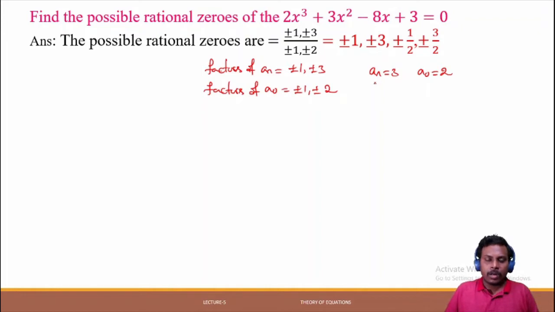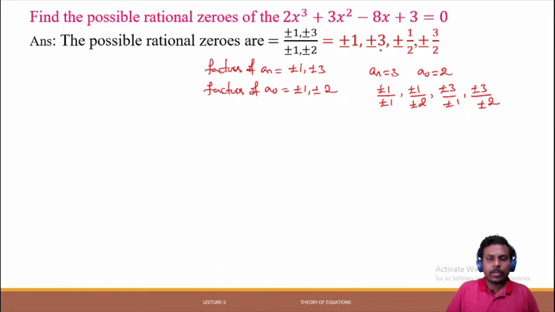Now we have to find the possible rational zeros. They are plus or minus 1 divided by plus or minus 1, plus or minus 1 divided by plus or minus 2, plus or minus 3 divided by plus or minus 1, and plus or minus 3 divided by plus or minus 2.